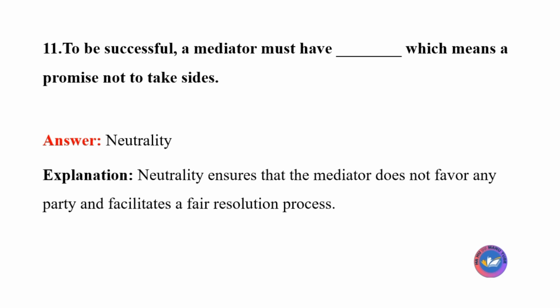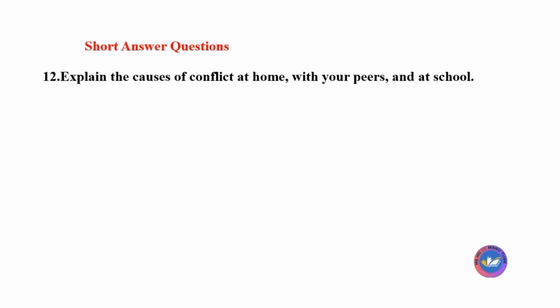Give short answer for the following questions. Question number 12. Explain the cause of conflict at home, with your peers, and at school. The answer includes at home, misunderstandings, lack of communication, or differing expectations among family members.